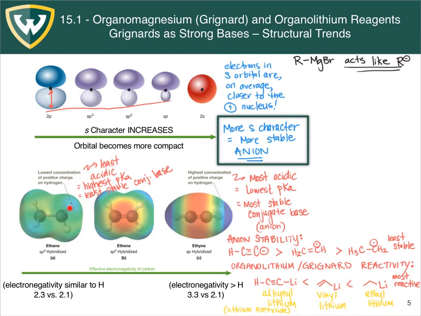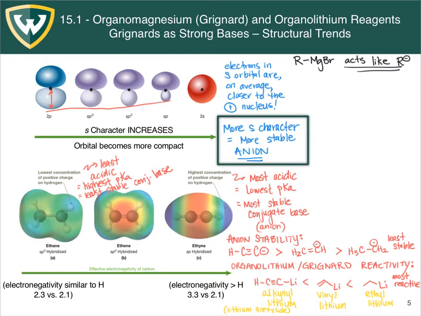So this is a true covalent bond, almost equal sharing of the pair of electrons. Now, ethene is going to be in between these two extremes, but overall, this carbon has more electron density from the covalent bond than the hydrogen does, and that's what makes this more positively charged and easier to deprotonate.